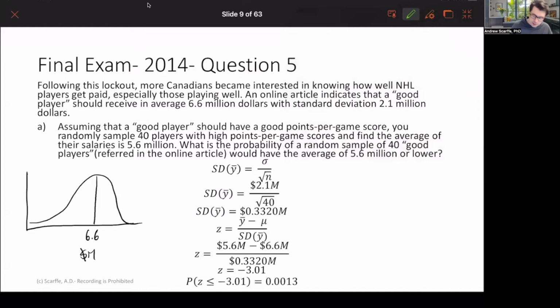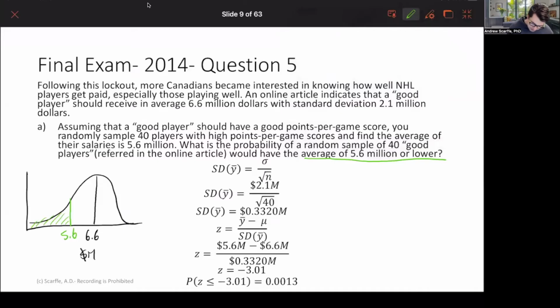And what we're told is that the random sample had a mean of 5.6 million. And our question is asking us, what is the probability that a random sample of 40 good players would have an average of 5.6 million or lower? That is our area to the left.